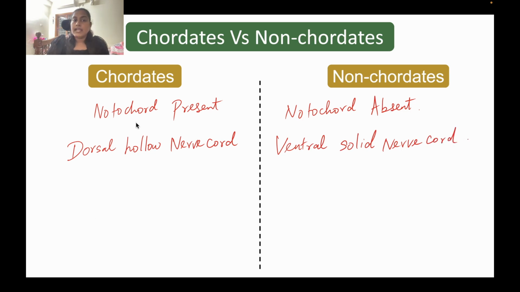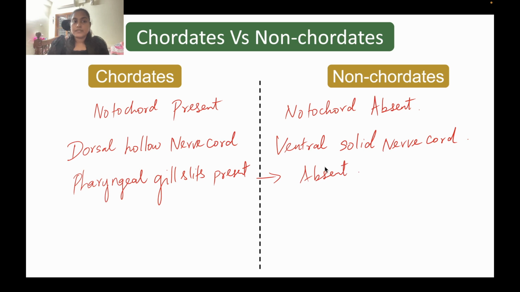And in chordates, pharyngeal gill slits present. Whereas here in non-chordates, it is absent. In chordates, it is ventral heart in the ventral position.